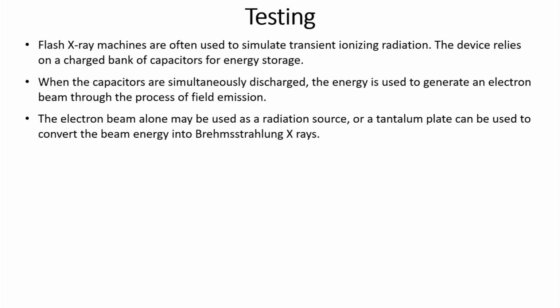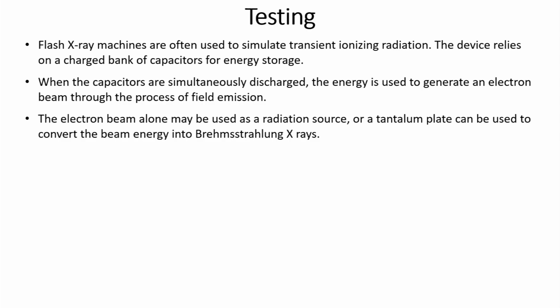So, the electron beam which you are getting from this field emission may be used alone as a radiation source, or a tantalum plate can be used for the generation of X-rays.